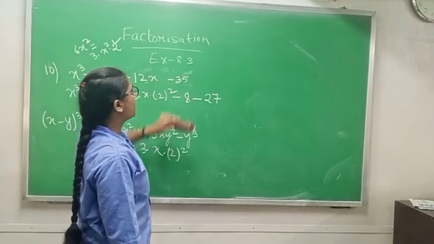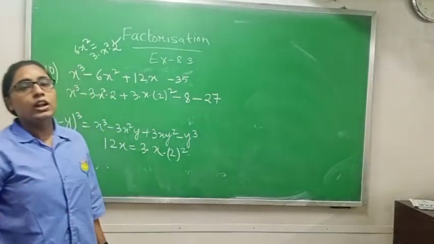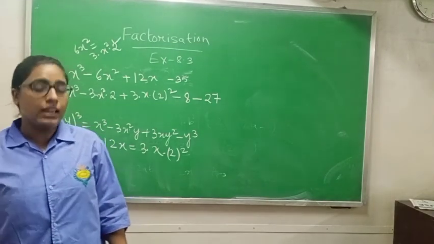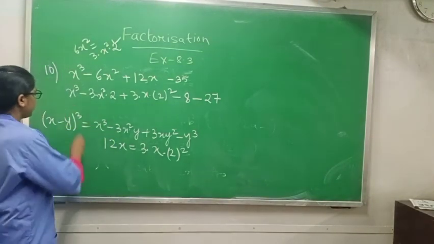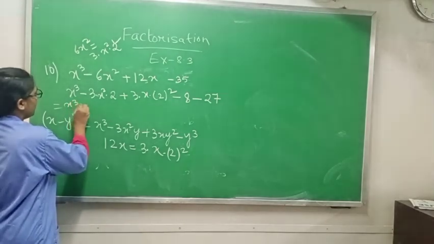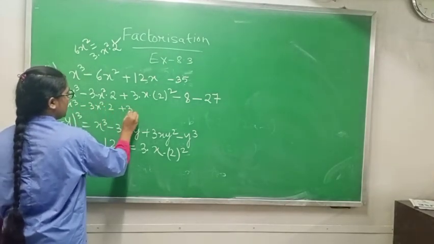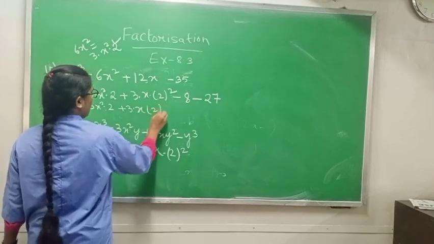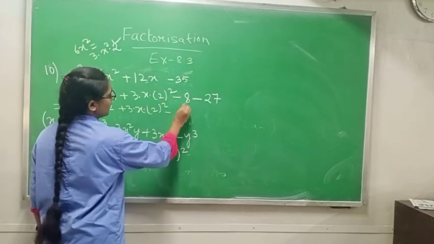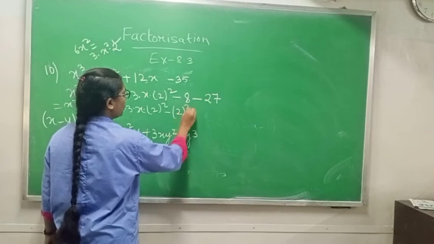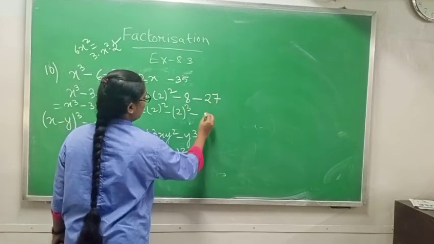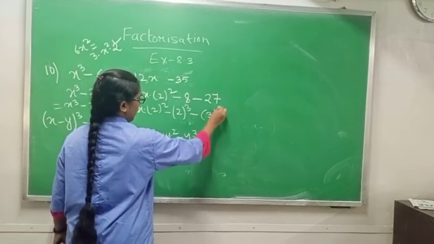So that is why I am making 35 in such a manner so that 2 cube will come, which is 8. Now x cube minus 3x square into y into 2 plus 3x into 2 square minus 8, which is the cube of 2, so 2 cube, and 27 is the cube of 3.